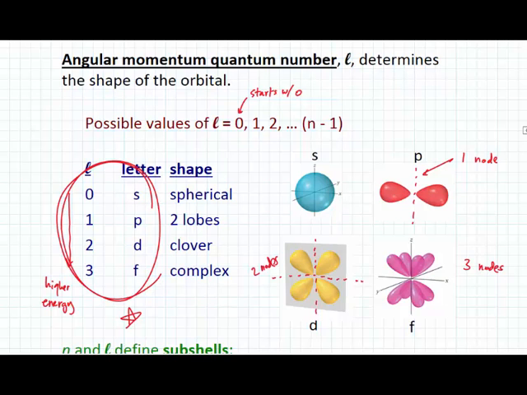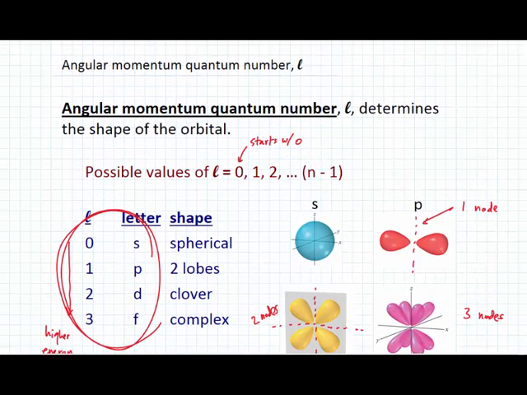So, principal quantum number was n, and what does n really mean? What does n influence the most? Energy, and what else? What's the difference between 1s and 2s? Size. So n is mostly size when it comes to the orbitals. It's also the most important indicator of energy.